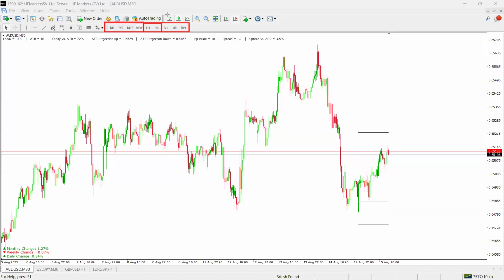Now, listen to this. If a time frame is short, it means candles form quickly and with so much noise.